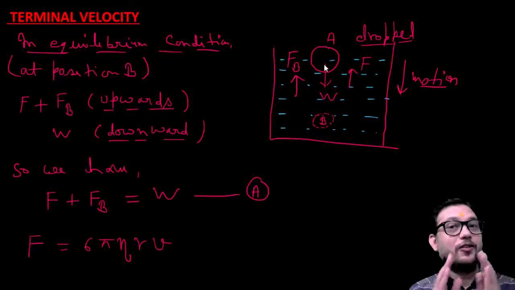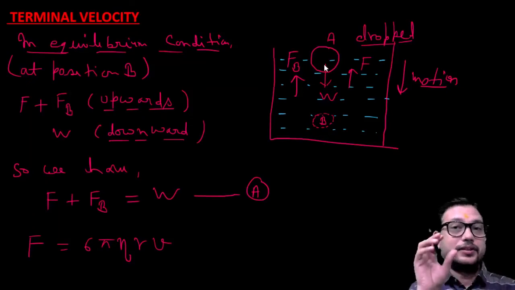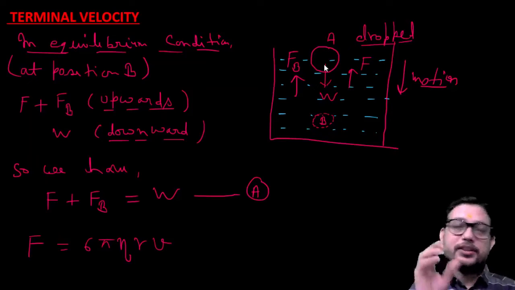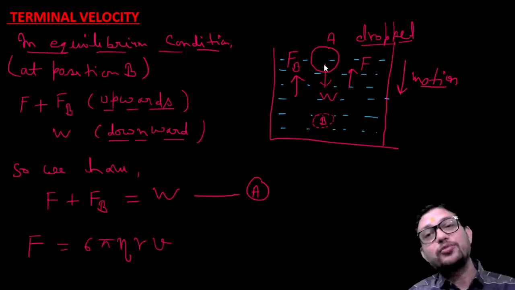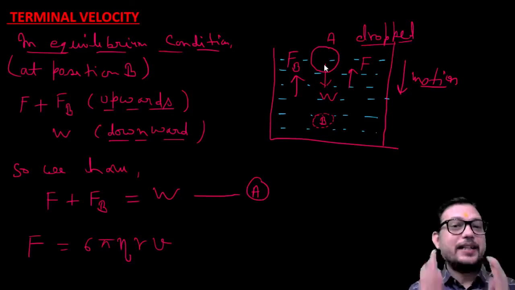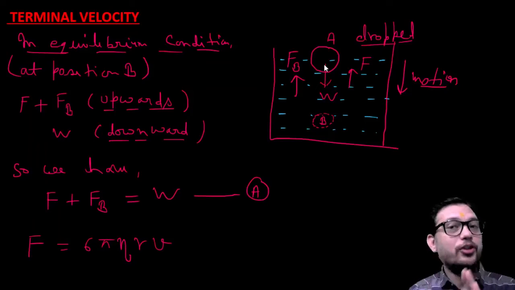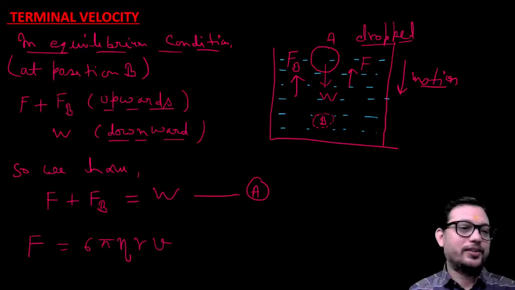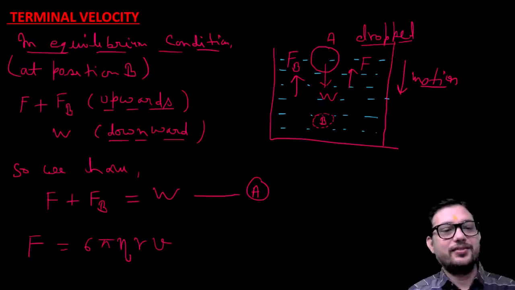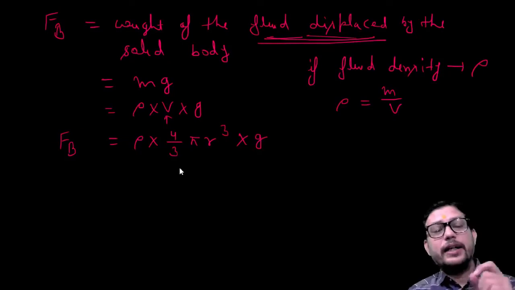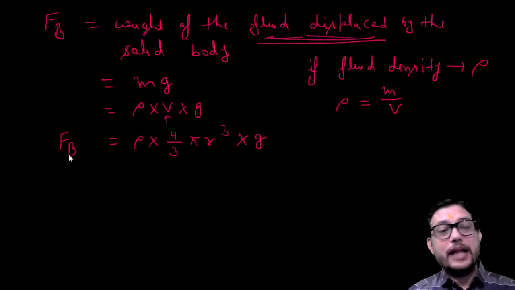It means the volume of the solid body must be balanced by the volume of the fluid. So that's why in place of volume of fluid we take the volume of the solid body, because in terms of volume both are equal. I hope that it is clear. So it is your buoyant force, FB.